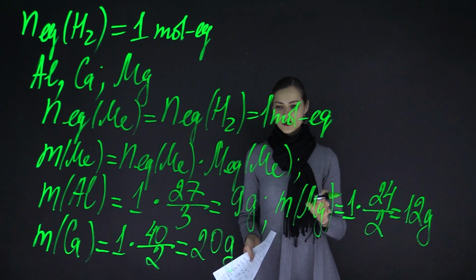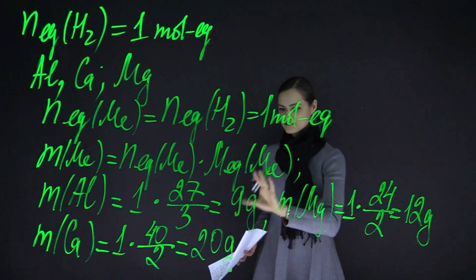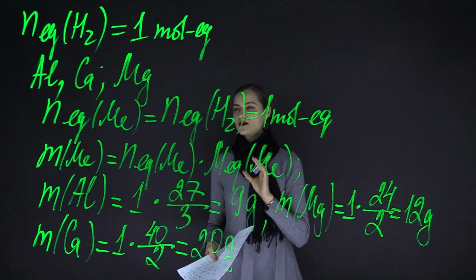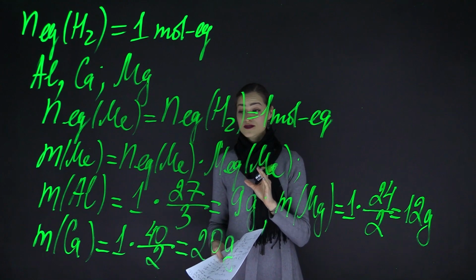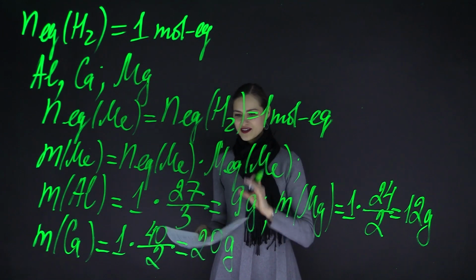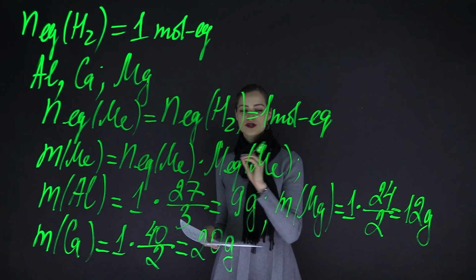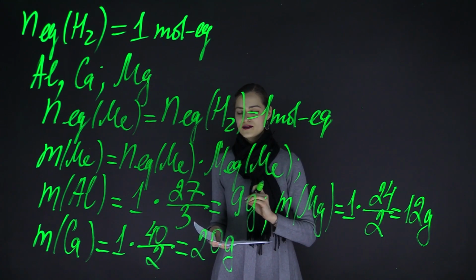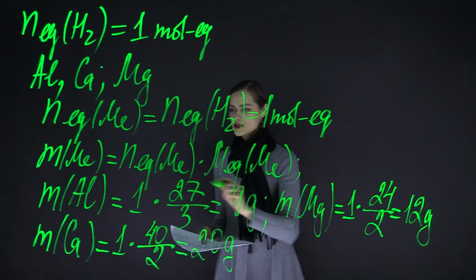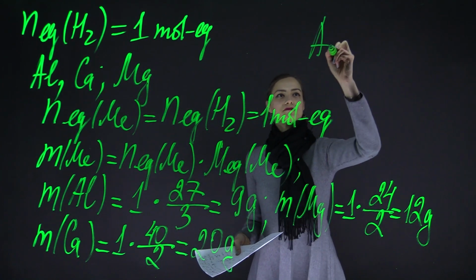And we see that the task of this calculation is to determine the mass of which metal is required less, so in our situation it is aluminium.